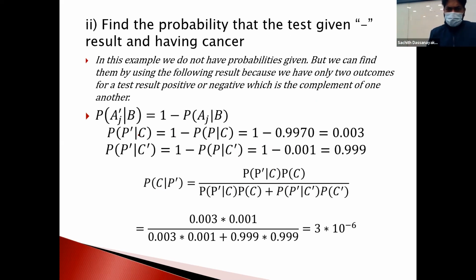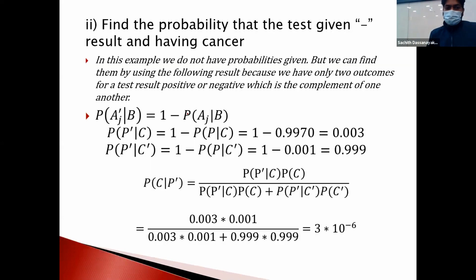Okay, test given negative and having cancer. So you need to find the probability. Having cancer means C, given negative, right? It's mentioned given negative, so given negative means P dash. Clear? So you need to find this: the probability of C given P dash.